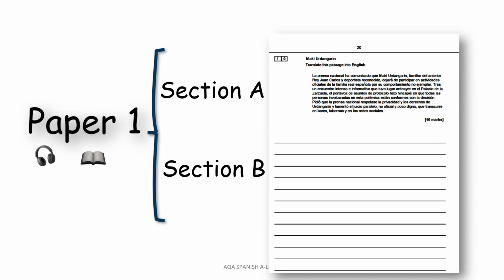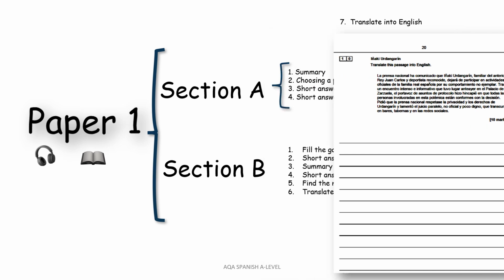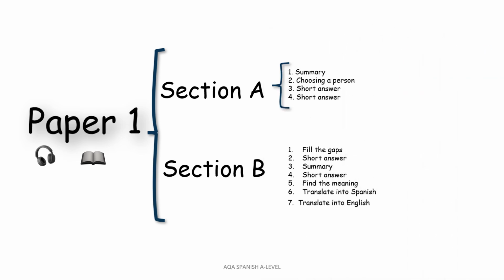And finally, translating into English, which they usually find to be a piece of cake. Balance, paper 1 consists of section A with 4 questions and section B with 7. Again, the questions don't come necessarily in this order.